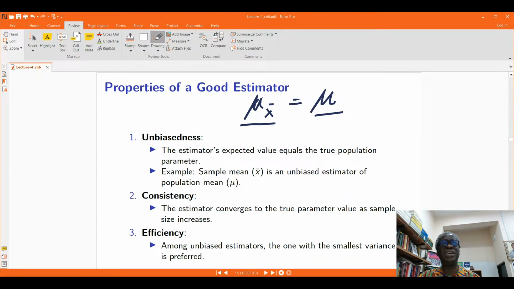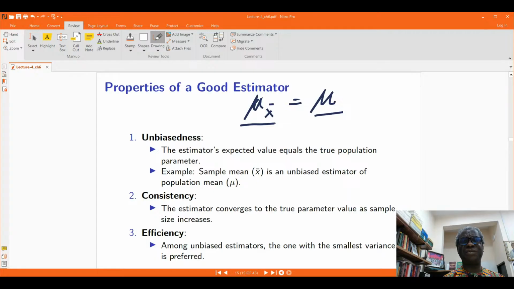So when we say an estimator is unbiased, it simply means the expected value, which is the same thing as saying the mean of the sampling distribution of the estimator, is equal to the true population parameter.